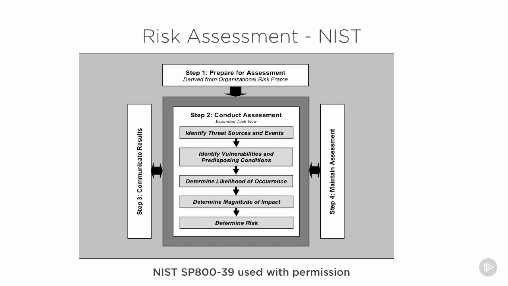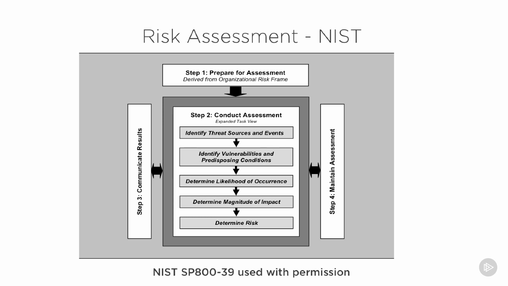So we identify the threat sources, and then we look for what are the vulnerabilities and predisposing conditions for our asset. For example, a predisposing condition could be poorly trained staff or an unpatched system. Once we've identified the vulnerabilities, we'll be able to also help determine the likelihood of occurrence.